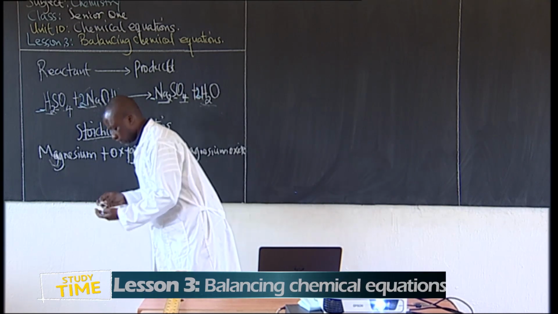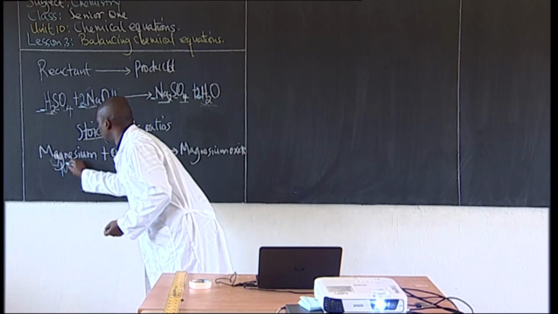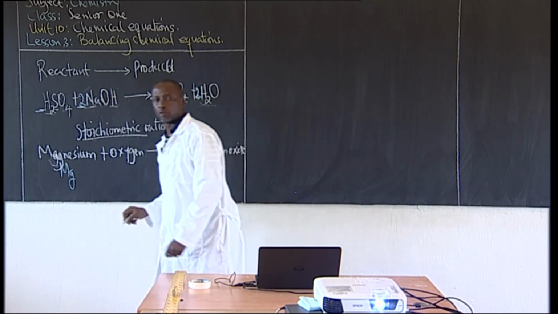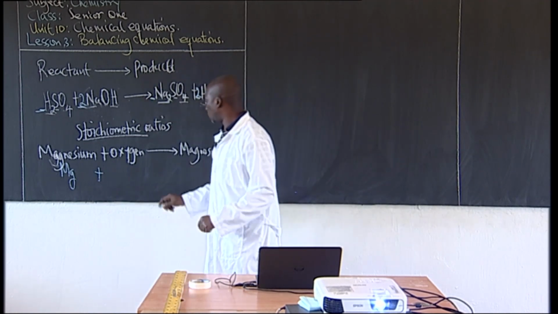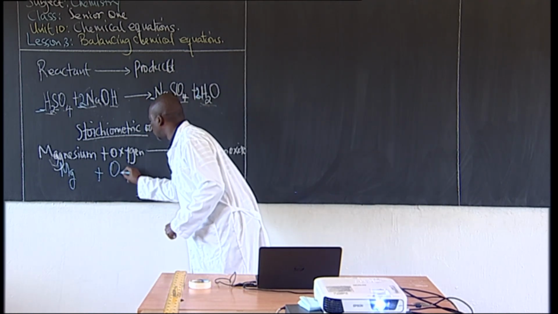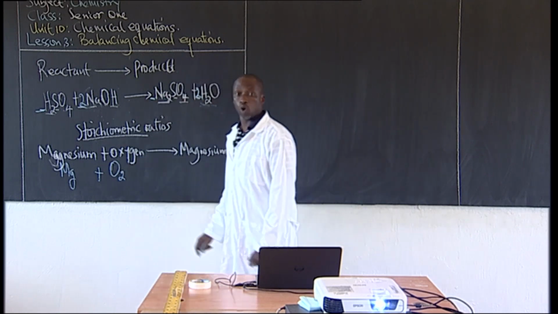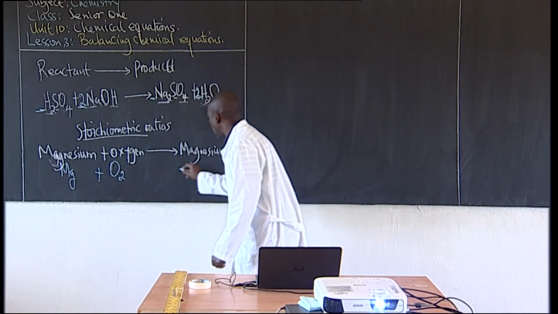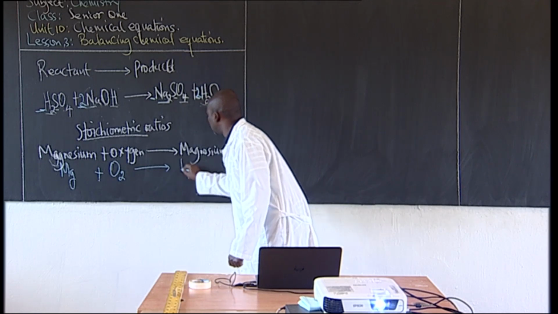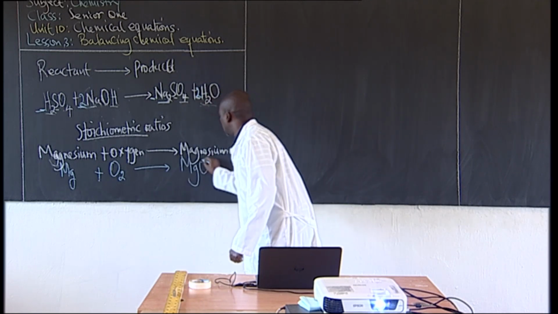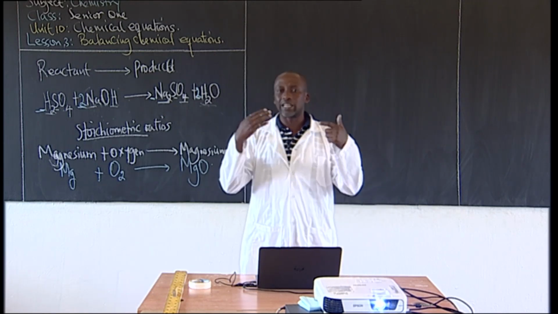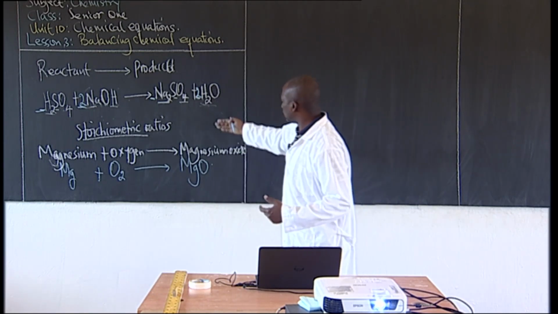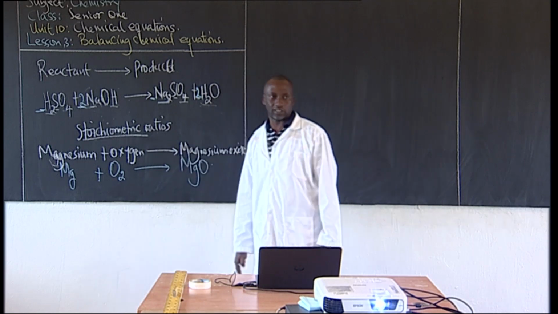Magnesium is represented by, I'm sure you still remember this, capital M and small g. Then you have oxygen, which is O2, and then you have magnesium oxide, which is in this form. So those are the symbols to represent these words.